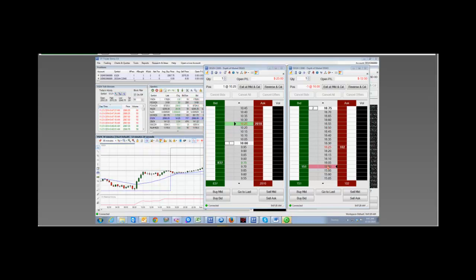Let's go through that one more time. It all hinges upon what we're doing with our more expensive leg. If we buy the more expensive leg, it's a debit spread. If we sell it, it's a credit spread. For a credit spread, we want to see the market go down and the spread narrow or converge together.